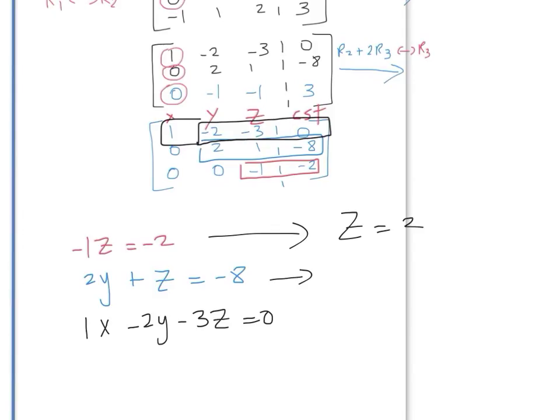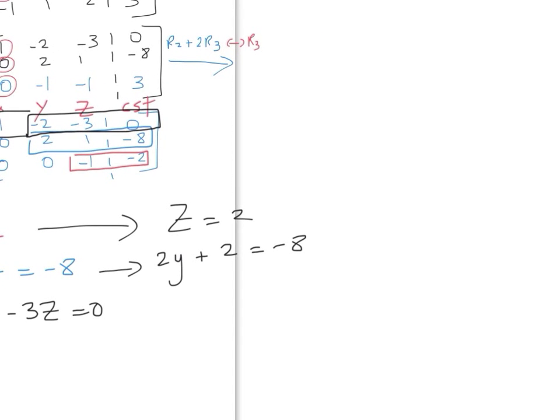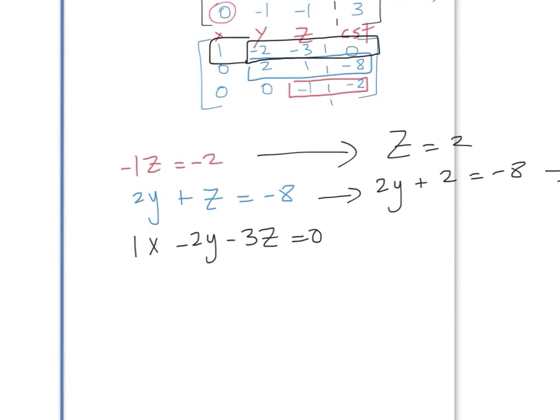Now if I plug it in my second equation, 2y plus 2 equals negative 8. 2y equals negative 10. And y is equal to negative 5. So I just found z and y.